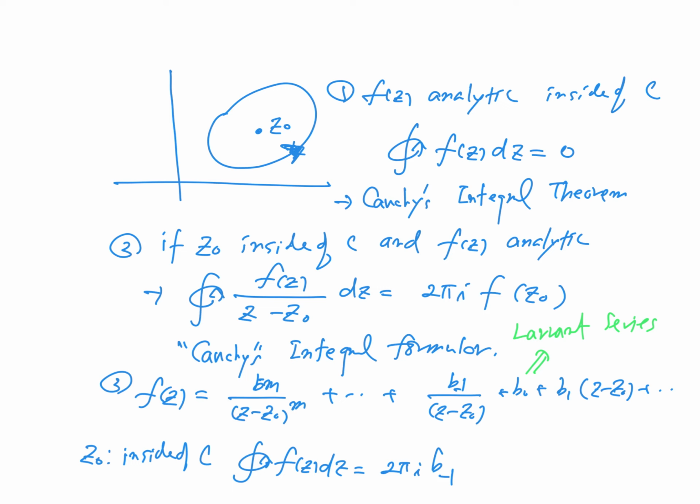Then if f(z) can be very complicated and expressed by this series, when you integrate, it's just 2 pi i b minus 1, right?